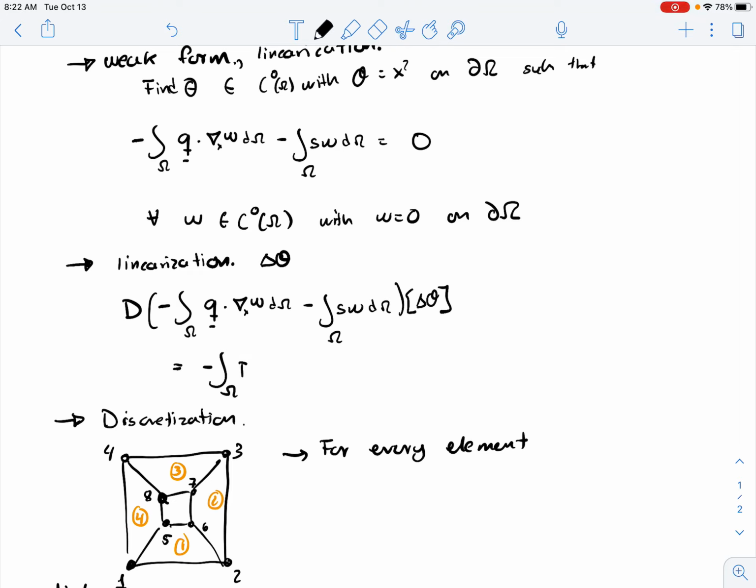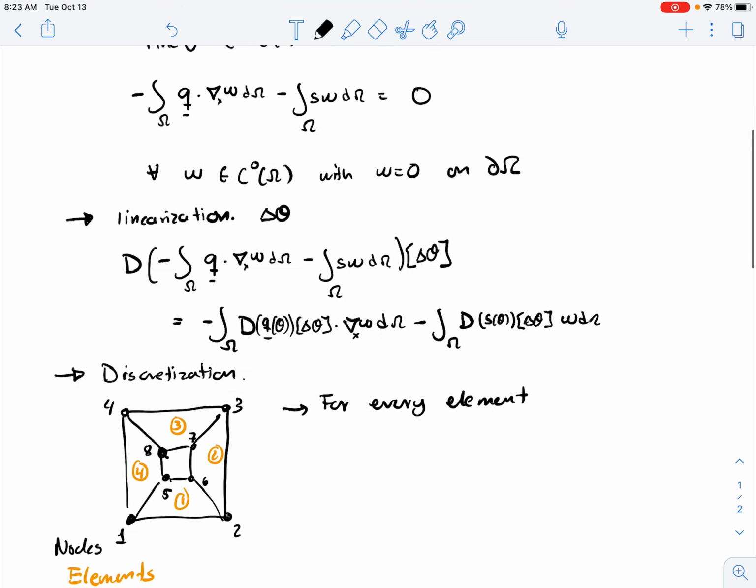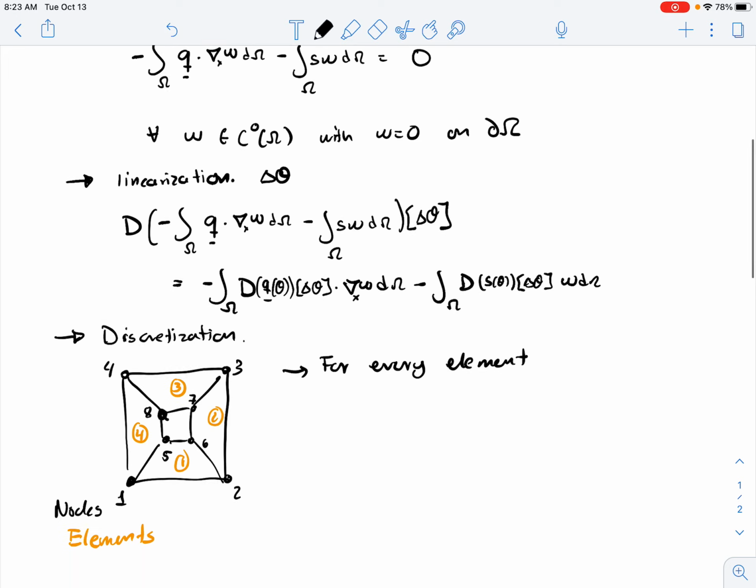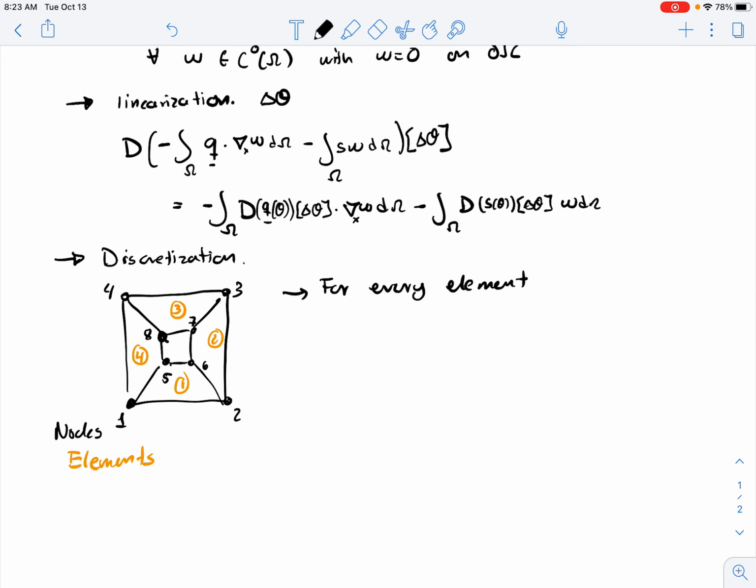In this case, because there's a gradient, this will require linearization of Q, which is a function of theta, in the direction of the increment, with the gradient of W, and then minus the linearization of S, which could be a function of theta, in the direction of the increment times W. This requires specific knowledge of what the S and what the Q look like, and I've done it for just one simple example, but in general terms you will have to linearize, so let's just keep it there. Okay, so now I discretize.